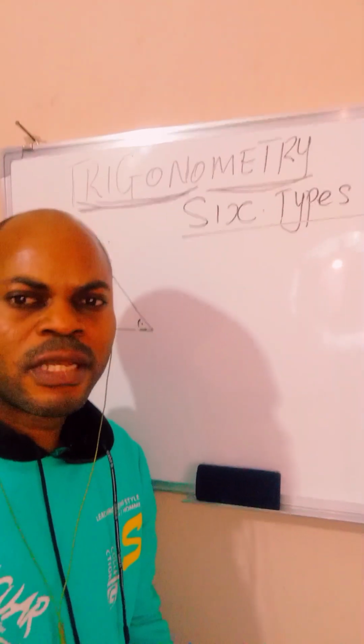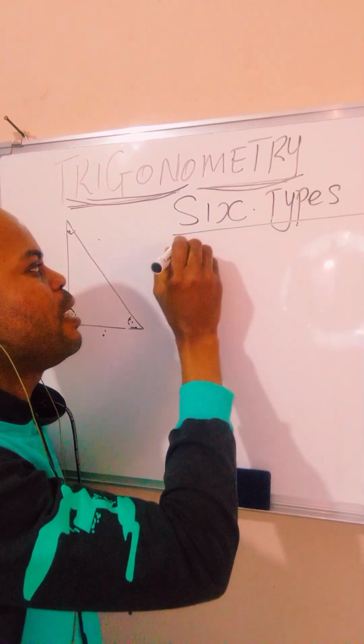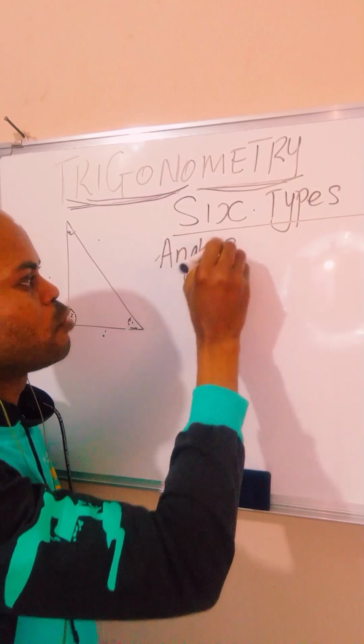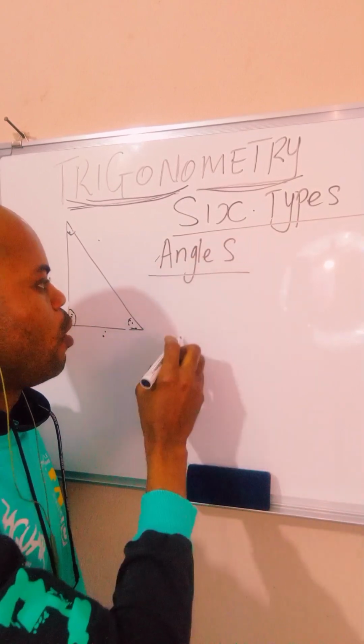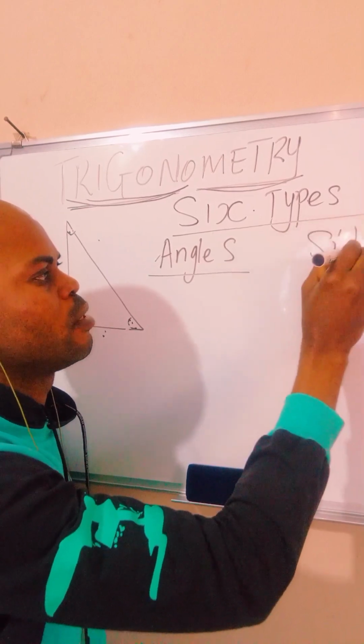Now, these six types of triangles can be classified either based on the angles of the triangle or based on the sides of the triangle.